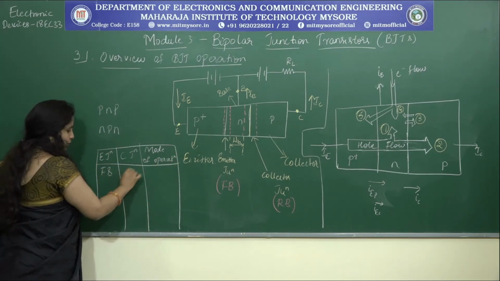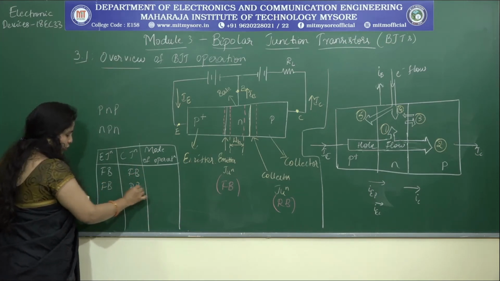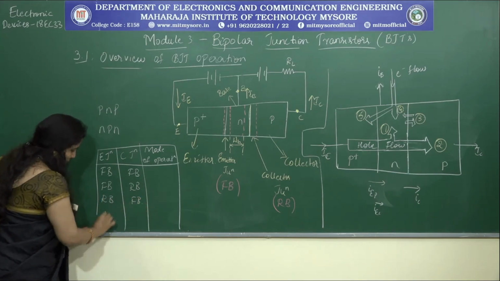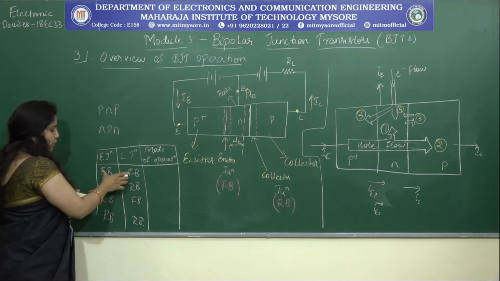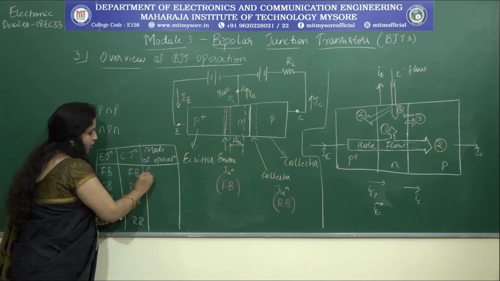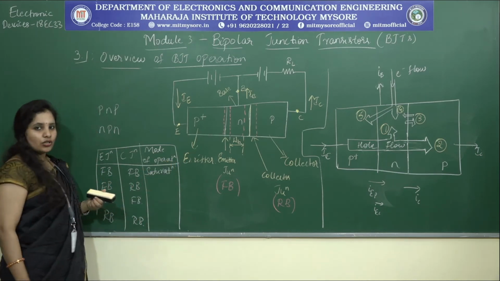I can have both of them forward biased, the emitter junction forward biased and the collector reverse biased, this one reverse biased and this one forward biased, and both of them reverse biased. If both the junctions are forward biased, then the mode of operation is referred to as the saturation region.